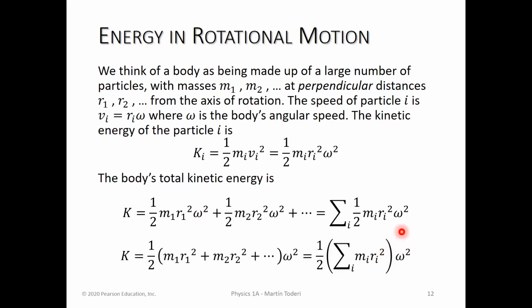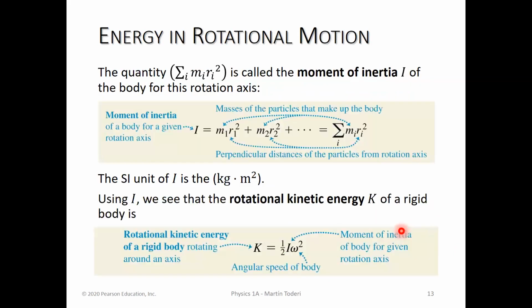And we can express it like this. So the quantity here, the sum of all those masses multiplied by the square of their distances to the origin, we're going to call the moment of inertia. And it's symbolized by I. And that moment of inertia, you can see, is dependent on the axis that we're choosing for rotation, because that is what will define the r's, right?